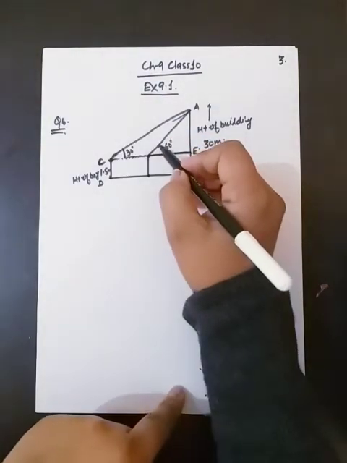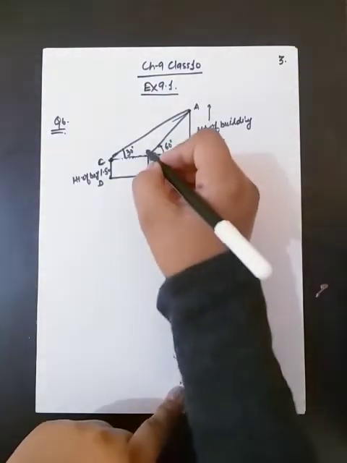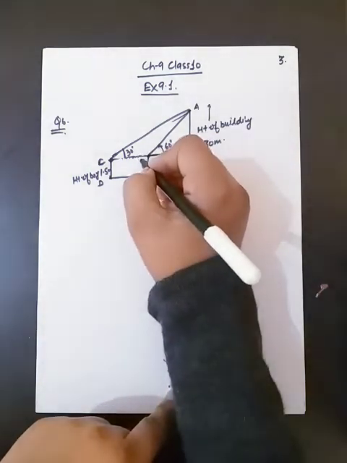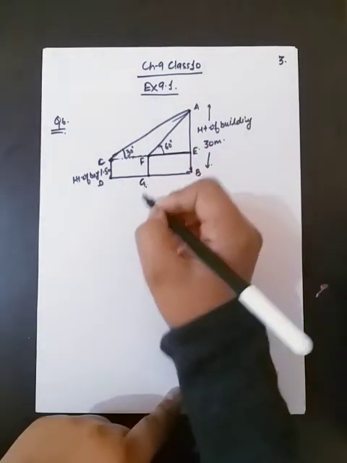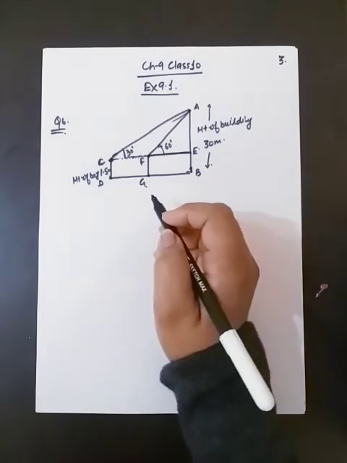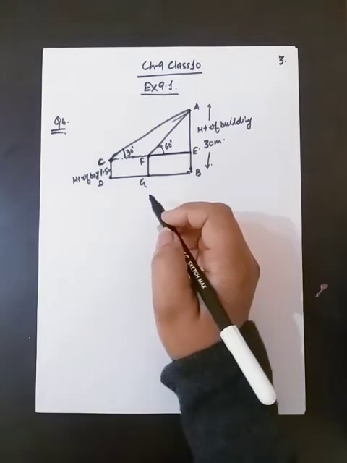So now the angle is 60 degree and here G point A B C D E F G again describes the height of the boy, and in this question we have to find the distance walked by him towards the building.